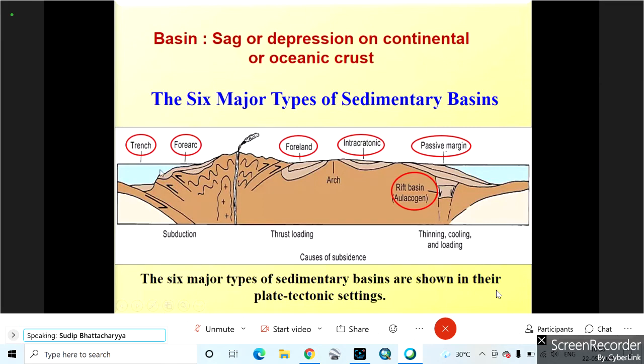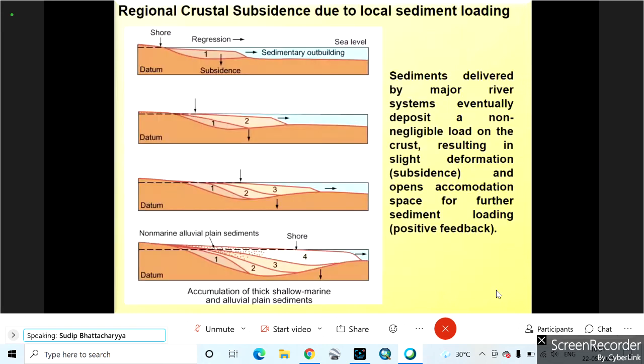So from trench to aulacogen. So these basins are responsible for getting sediments with the hydrocarbon sources, and then we should analyze which basins are very much important for the hydrocarbon source. So these are the six main basins.